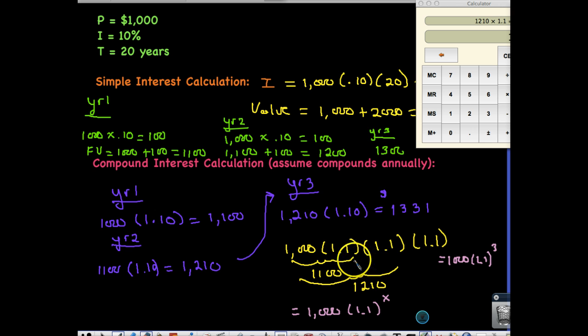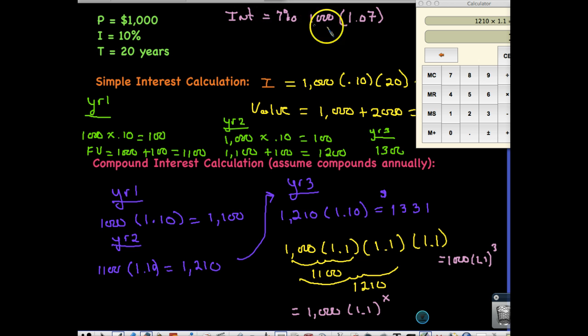Now, one thing to keep in mind, I am using 1.1 because our interest rate is 10%. If, on the other hand, our interest rate was equal to 7%, I would use a little different calculation. I would use the $1,000 times 100% of the 1,000, plus 7% written as a decimal, which would be 0.07.